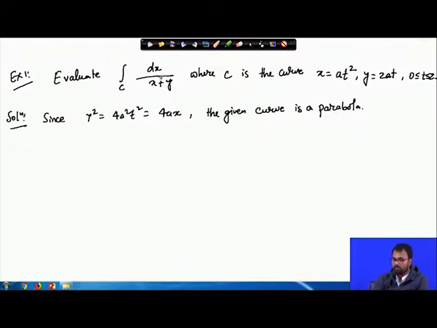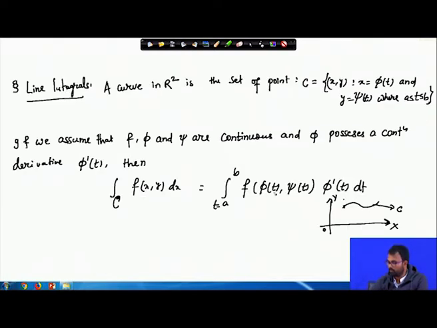Now we have our function f. The given function f(x,y) equals 1 by x plus y. So this will actually be 1 by at square plus 2at, and if I follow that formula, we also need to calculate phi dash t.